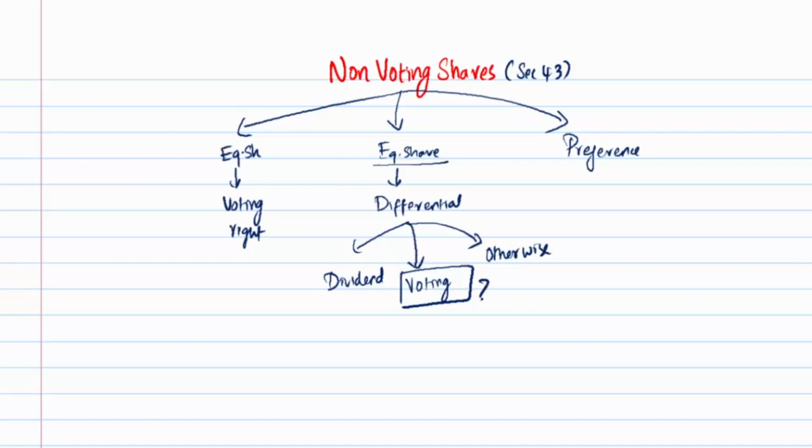That's basically to achieve two objectives. One, the companies want to raise more funds. When they raise more funds, they want to ensure that the control is not getting diluted. That is dilution in control.